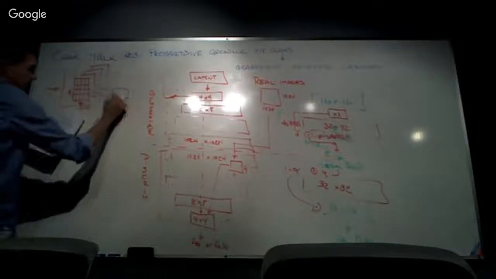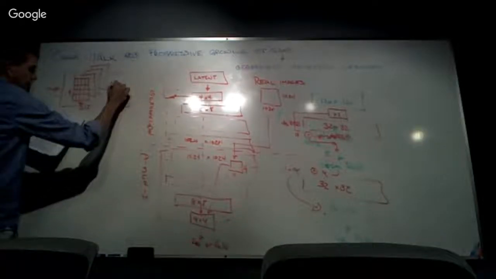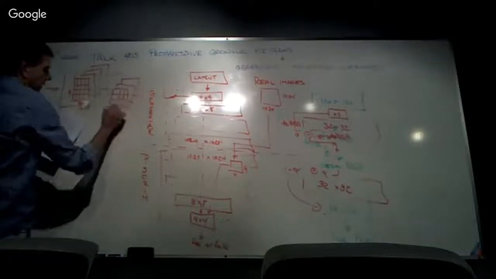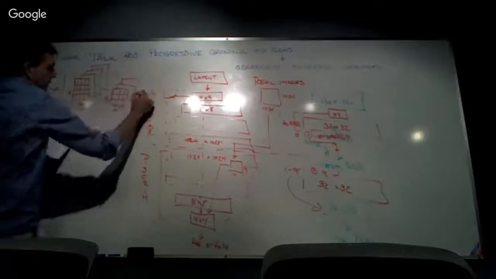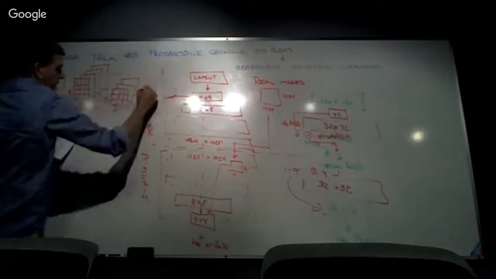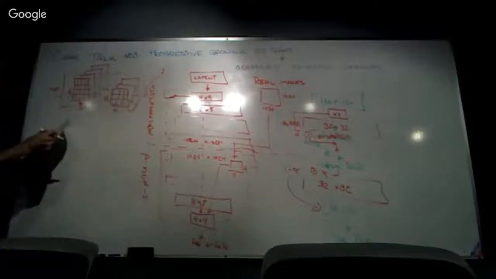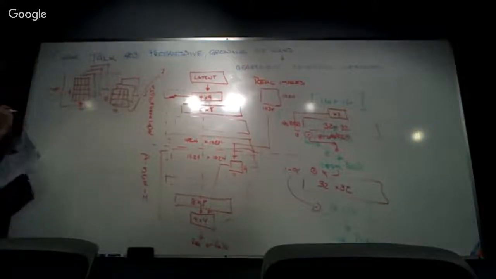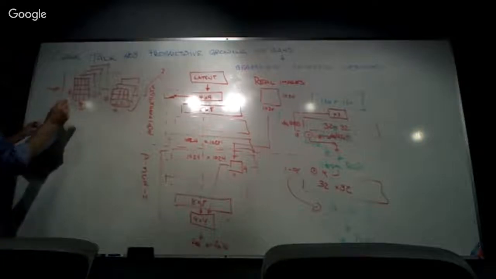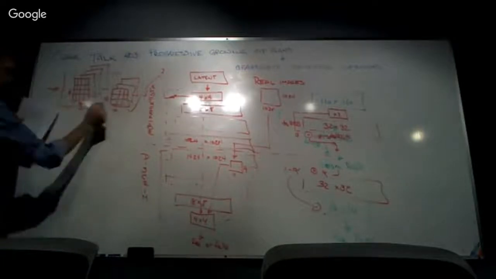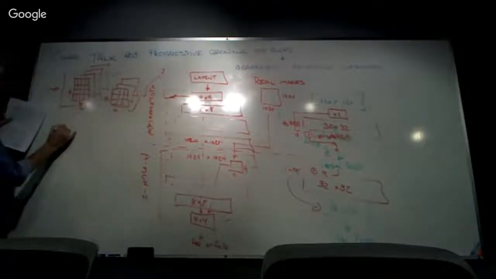So they are actually producing 4 times 512. All right. Could be 3 by 3 convolution, and there are 512 of these.